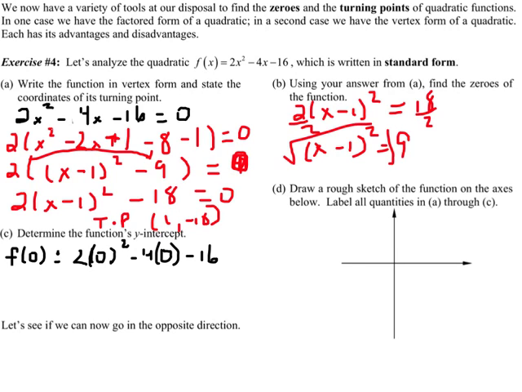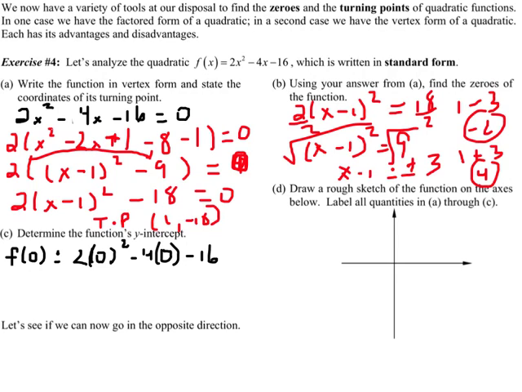Take the square root of both sides, so x minus 1 equals plus or minus 3. Okay, and then I take 1 minus 3, which is negative 2. There's a 0. And I get 1 plus 3, which is 4. That's the other 0. So those are 2 zeros.